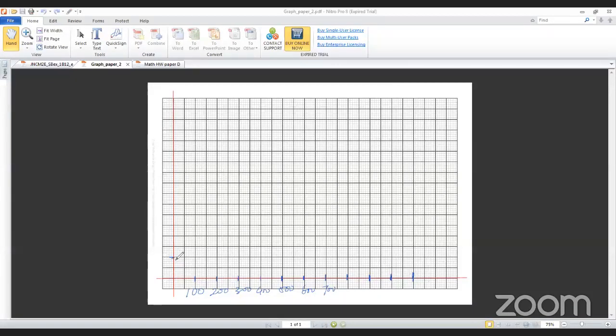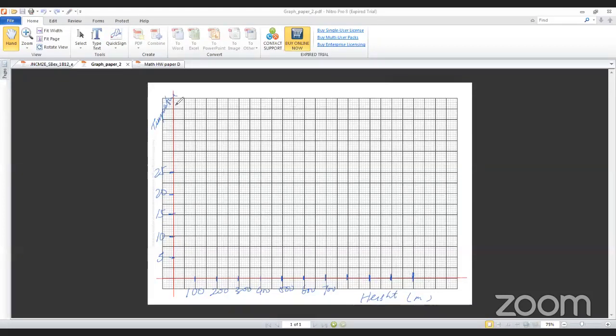And then in this case, and then for this one, maybe in this way. Okay, and then we need to write down, this one is the height, and then this one will be temperature.